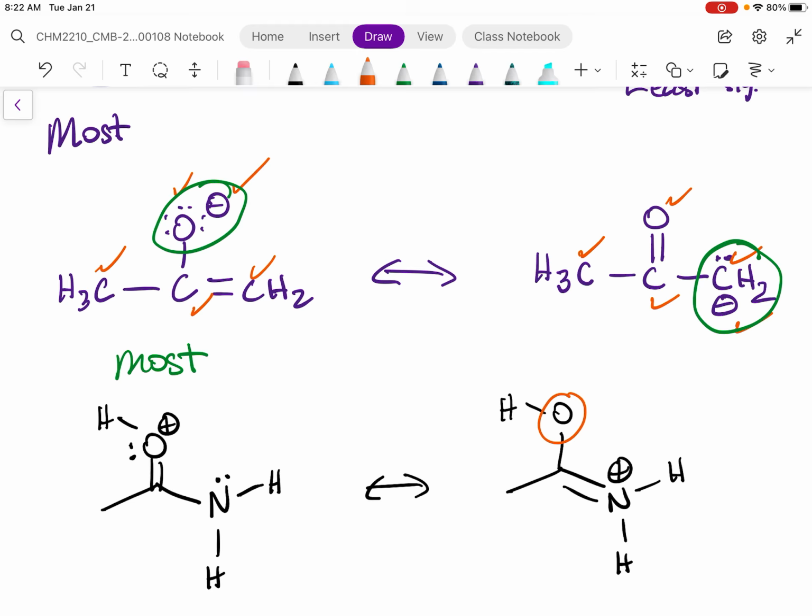If I understood your question right, you have to focus on this guy and that guy. That's the comparison you're going to make. Yeah. The one that's least electronegative? The one that's the least electronegative. So which one do you think is more significant then? The one on the right or the one on the left? The one on the right. Yeah, so that is the most significant.